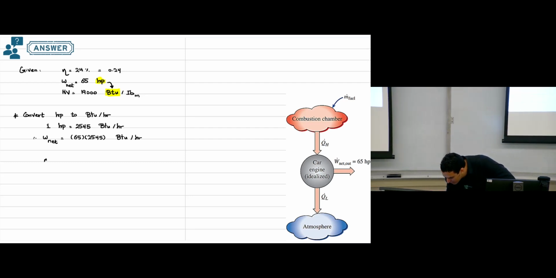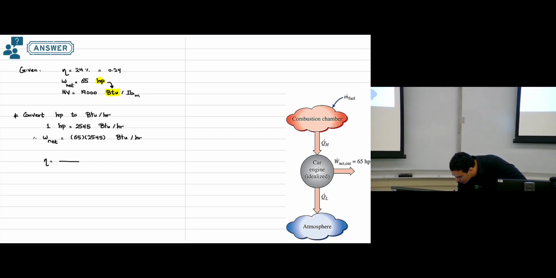Then we have efficiency is net work divided by Qn. So we know that the efficiency we have is 0.24. The net work we have is 65 times 2545, divided by Qn. So we can use the thermal efficiency equation to calculate the input heat to the system.